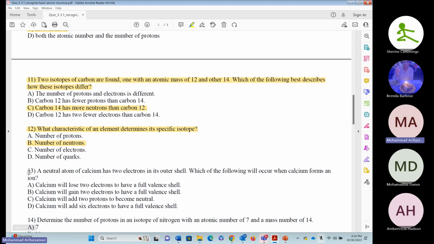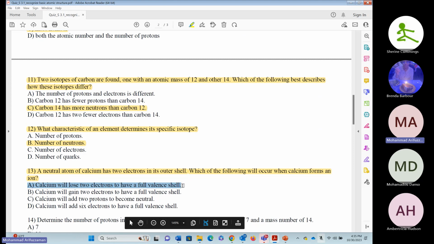A neutral atom of calcium has 2 electrons in the outer shell. Which of the following will occur when calcium forms an ion? Okay, I think I didn't discuss these questions.